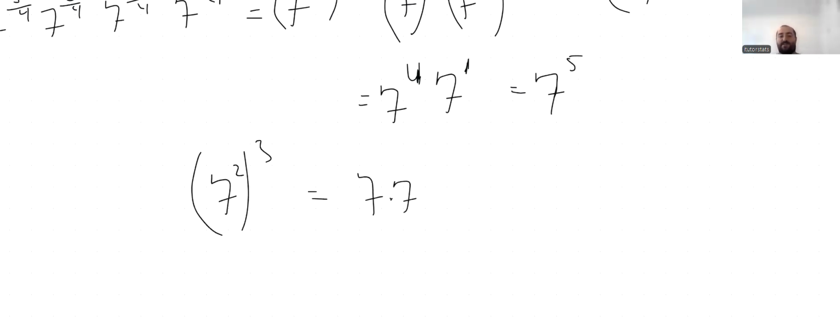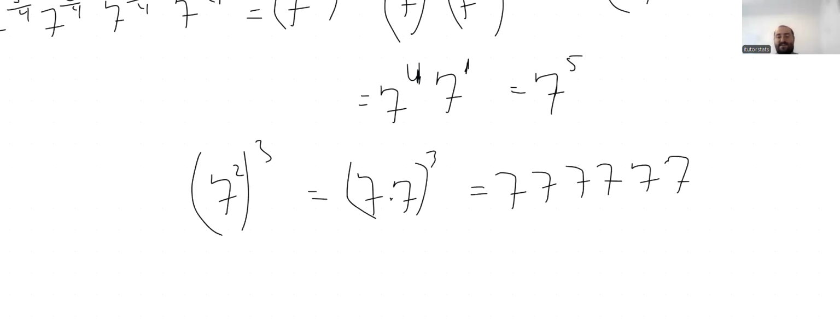And then I do that 3 times and I multiply all of that. It's 7 times 7 times 7 times 7 times 7 times 7, which should be 7 to the 6th power, which it is.